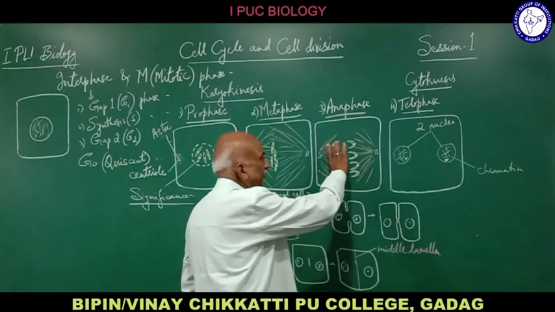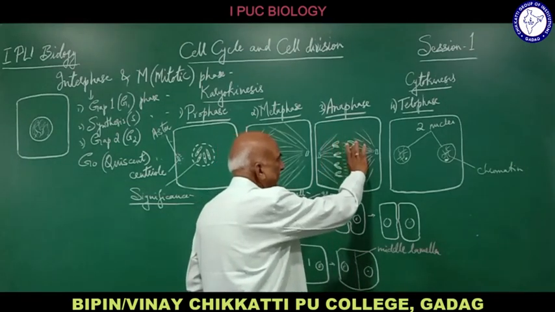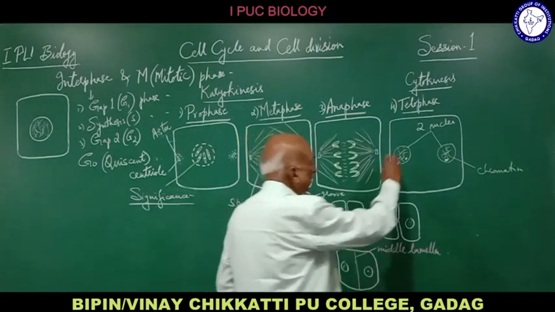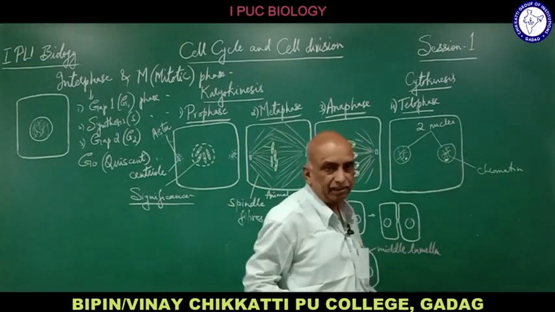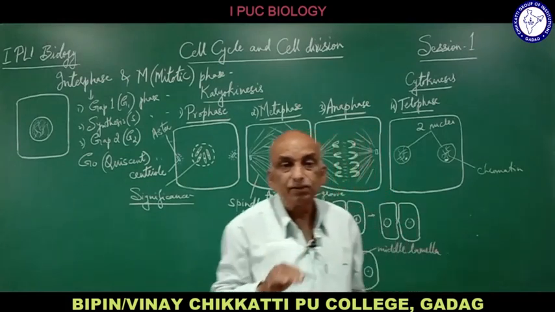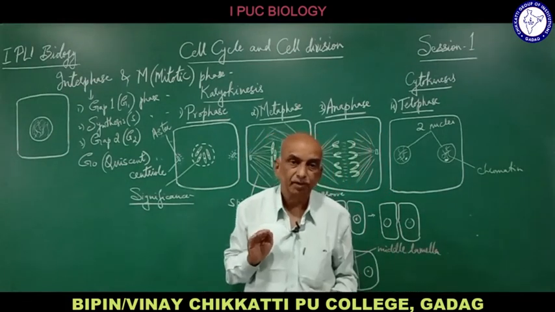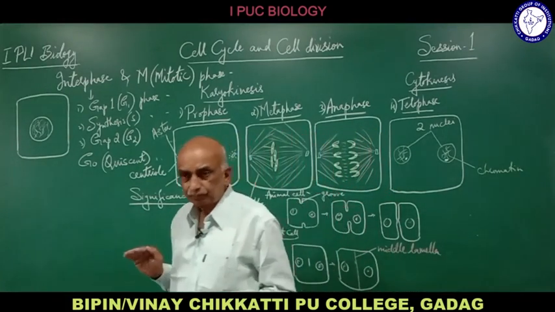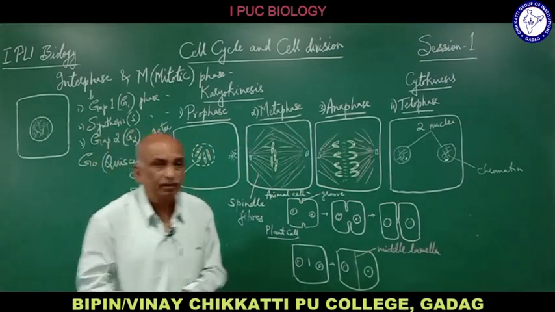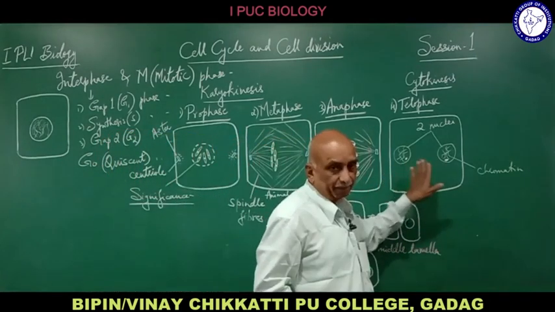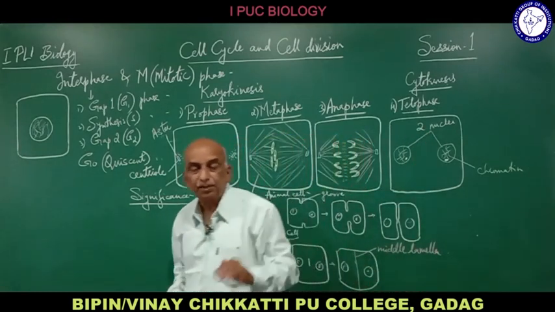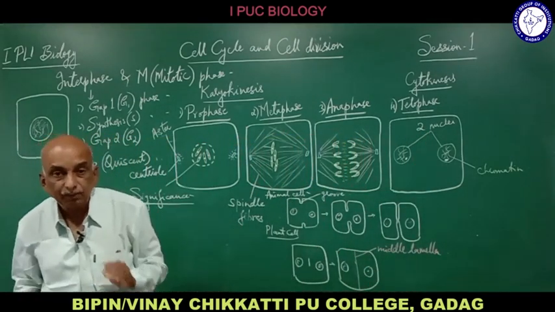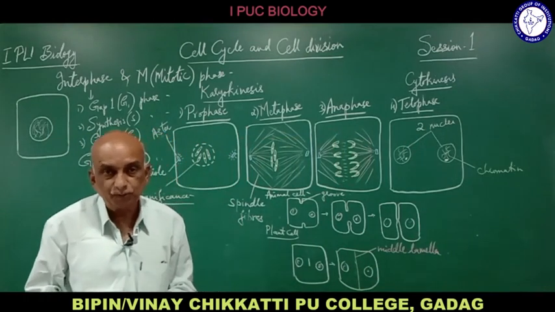So what amount of DNA is here, the same amount of DNA is present here. So what amount of DNA is present in this nucleus, the same amount of DNA is present there. So that means this is called as genetic stability. There will be no variation in the DNA. So there is uniformity.